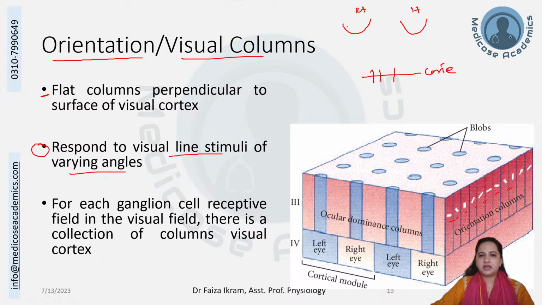If there is a visual stimulus at 50 degrees here, certain sets of orientation columns will be activated. If the stimulus is at the level of 30 degrees, different sets of orientation columns will be activated. So this will help the brain in deciphering where the image is actually in the visual field, depending upon which orientation columns are activated.